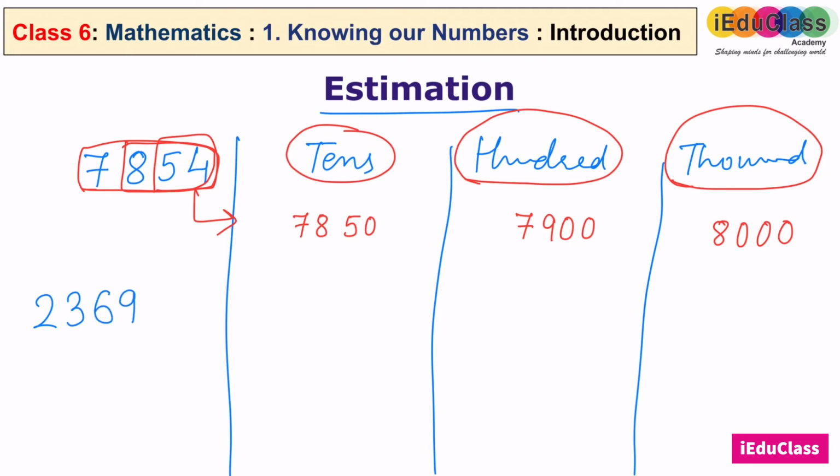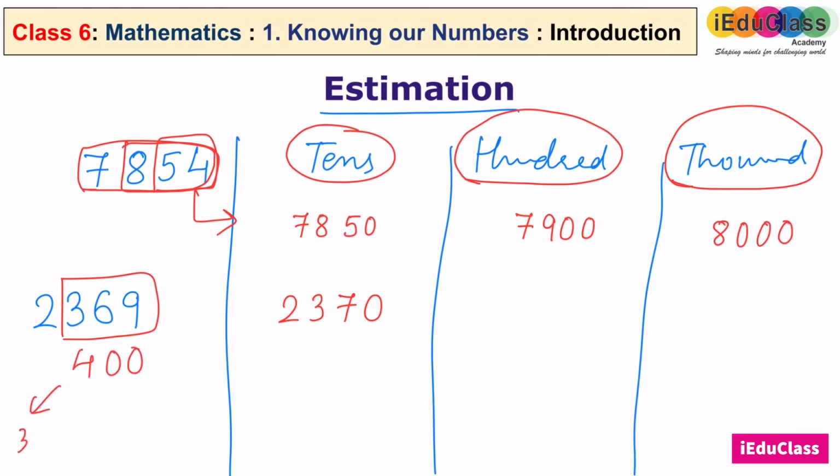Okay, I'll write 2369. First of all, nearest tens, then you see 69 is nearest to 70. So 70 and your number is 2370. When you are doing nearest to 100, let's see the three digits, 369 will become 400, because if you see 300 and 400, it is very near to 400.